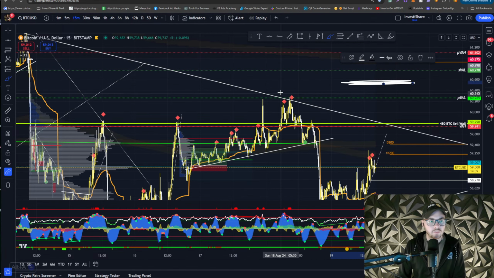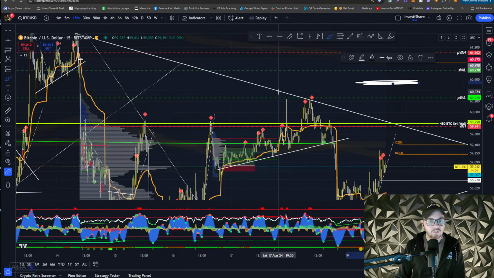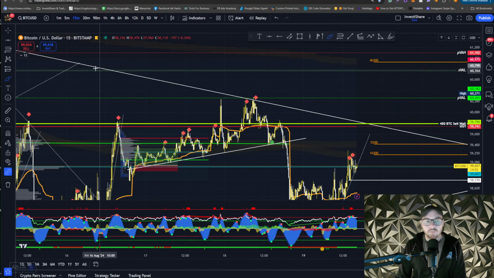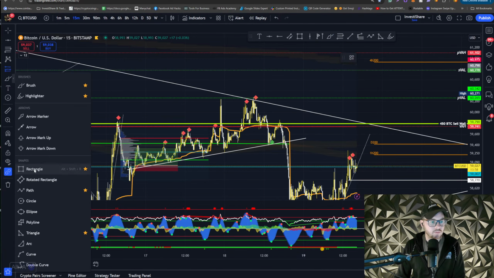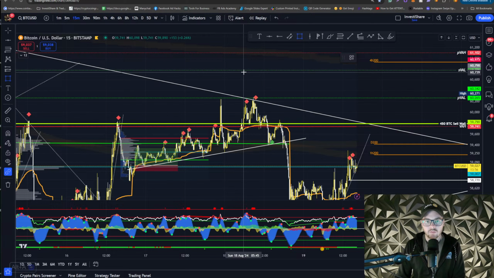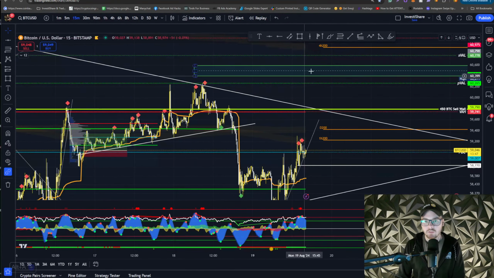So after, interesting, okay. Let's mark that area. That's a super high liquidity zone, guys.